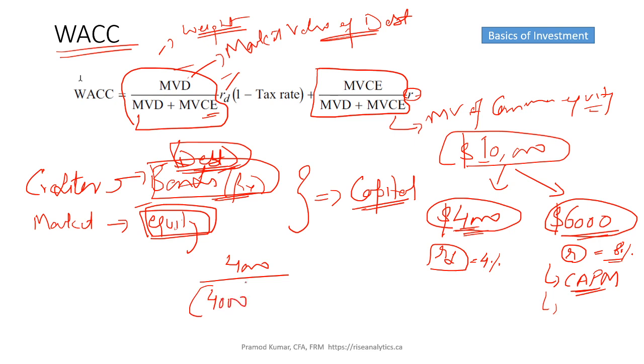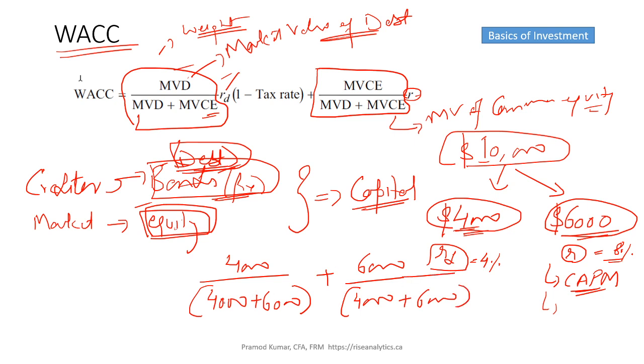I just want to show you exactly in the formula so there is no ambiguity: $6,000 here, and the denominator is the same, plus $6,000.